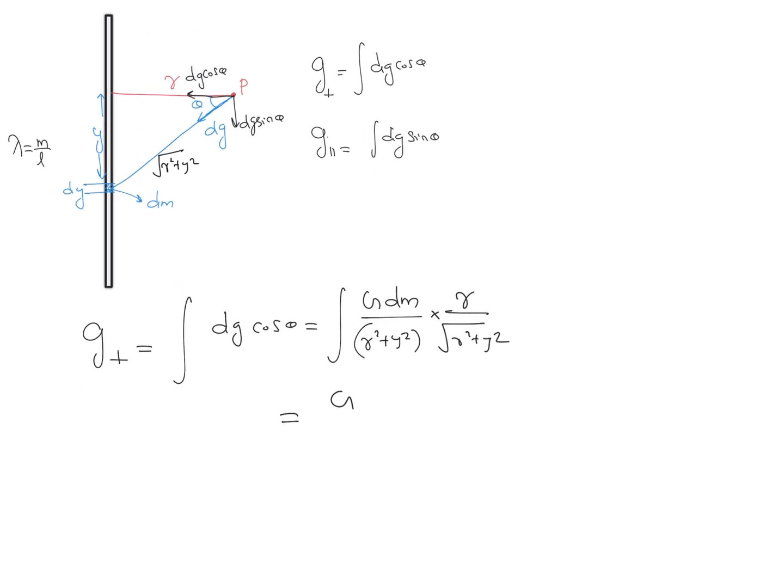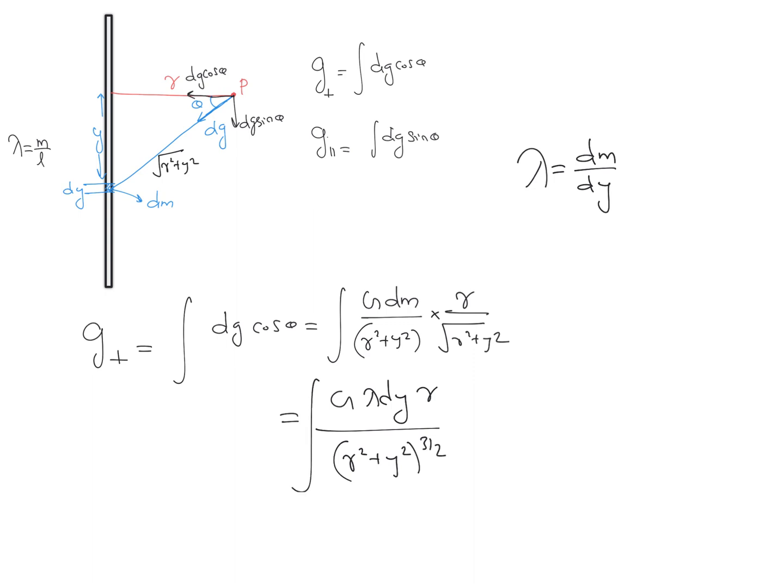From the equation for linear mass density, lambda is dm divided by dy, that is mass per unit length. Instead of dm, we can write lambda into dy, into r divided by r square plus y square, and the square root of r square plus y square, which is r square plus y square raised to 1 by 2. 1 plus 1 by 2 is 3 by 2, so it's going to be r square plus y square raised to 3 by 2.